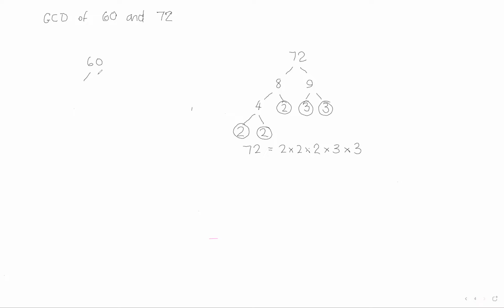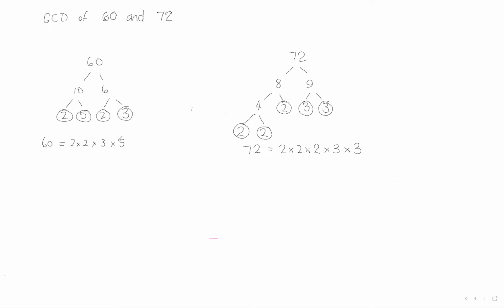So 60 is 10 times 6. 10 is 2 times 5. And 6 is 2 times 3. So 60 is equal to 2 times 2 times 3 times 5. You don't have to write them in ascending order like that, but I prefer to.